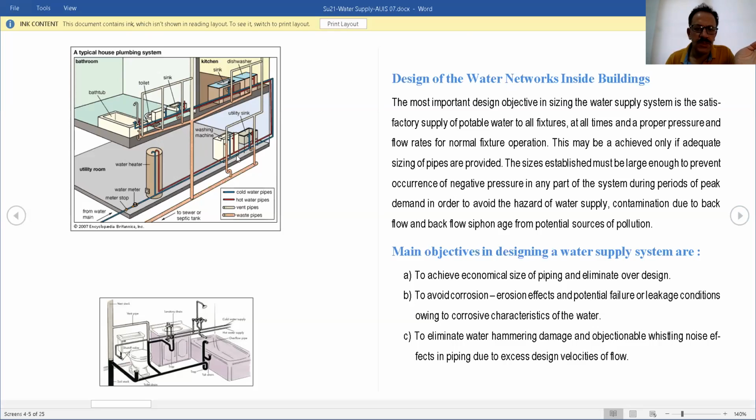I mean a clothes washing machine, and sometimes there will be a dishwashing machine. We also have utility sinks, and for the kitchens, we have a sink and a dishwasher machine. For the bathrooms, we need a sink, toilet, and bathtub.